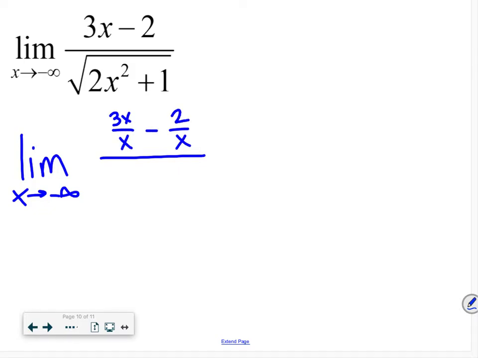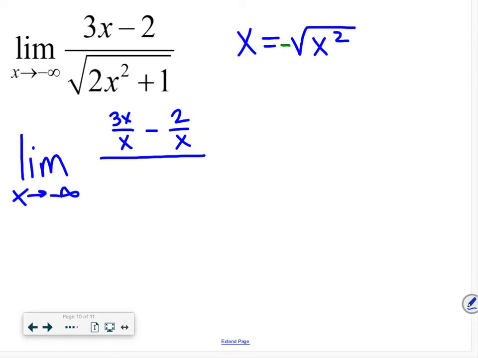Now here is where it gets interesting. Does x equal the square root of x squared if we are dealing with negative numbers? No. x would equal negative square root of x squared if we are dealing with negative numbers.